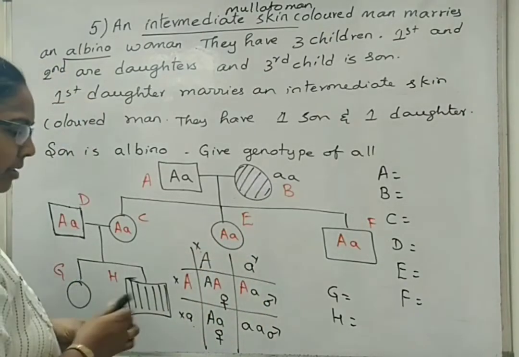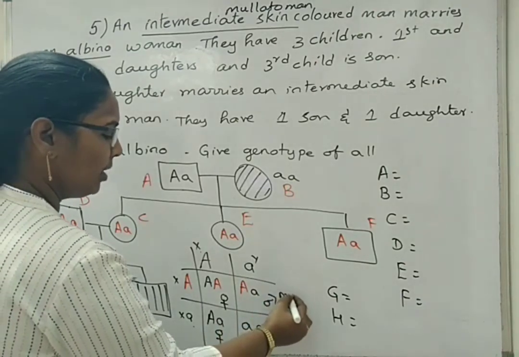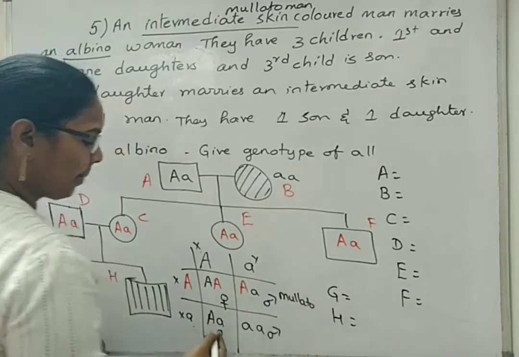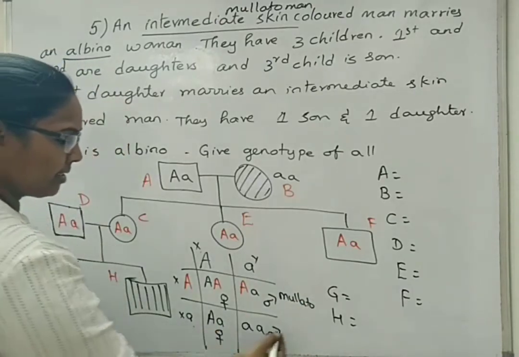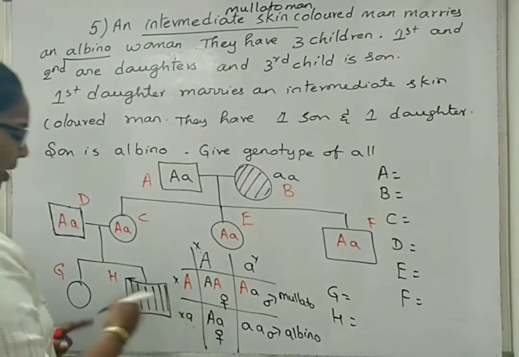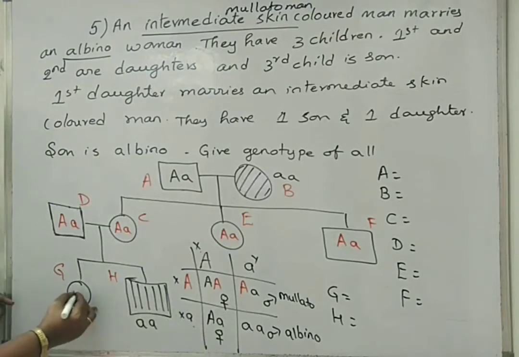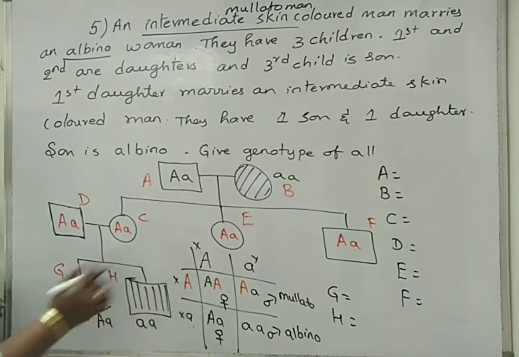Then what happens? It can be intermediate skin colored male, means mulatto male. Here also it will be X and X, then it will be albino. So according to the chart, here it should be albino, and this woman can be either this genotype or this genotype according to these both.